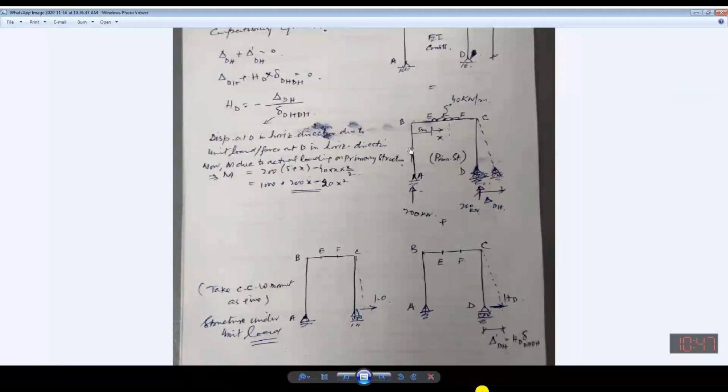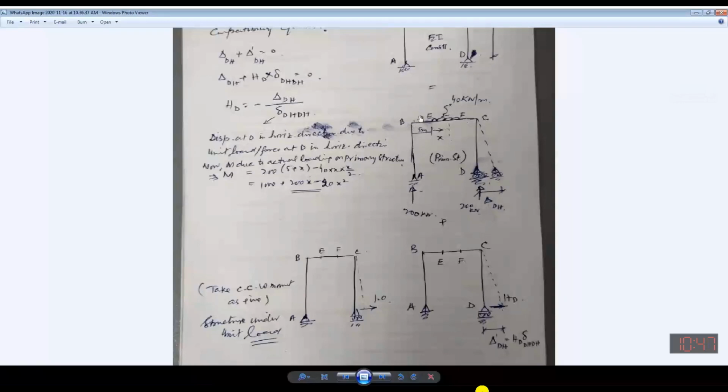Similarly, if I consider BE, and if I consider B as origin, then its effect will come on to this one. So 200 into X, because X is changing.